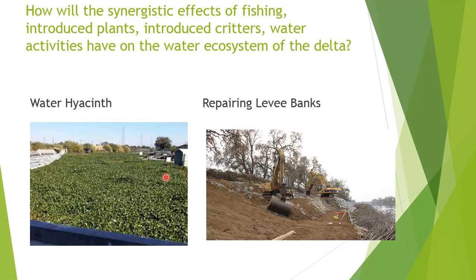We have, of course, the introduced water hyacinth, which they need to control so that houseboating will work. This was a pond plant that can grow very quickly in the delta, as we've talked about before. So how will that affect the delta?